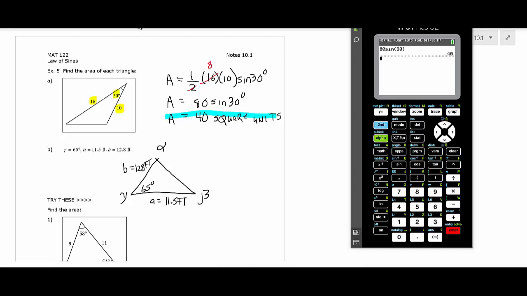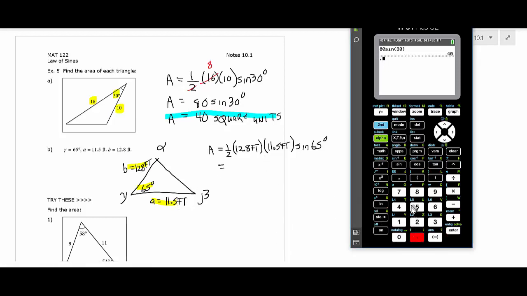Notice in this problem, you're given side angle side. So all you do to find the area is 1/2 the product of the sides, 12.8 feet times the 11.5 feet, and then you multiply that by the sine of the included angle. You can do that on your calculator, and I'm just going to do this in one step.